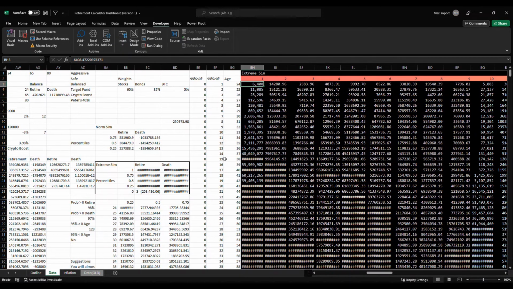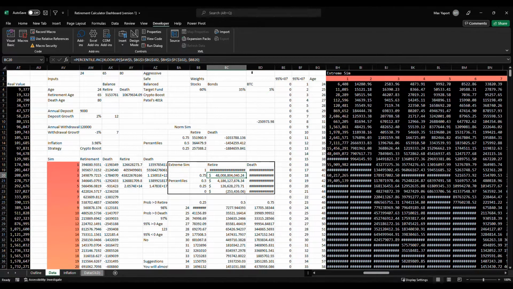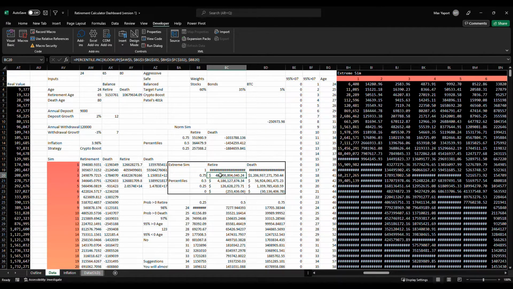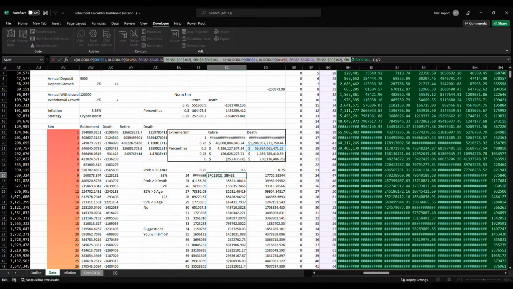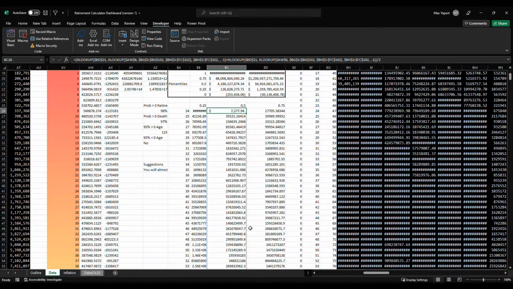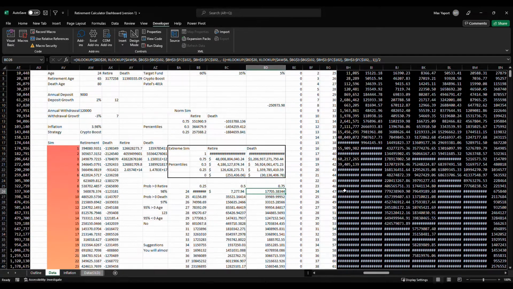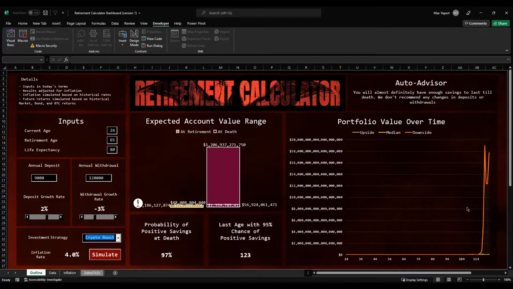And essentially, once that is done, it'll take the 50th percentile, 25th percentile, 75th percentile, and it'll do an XLOOKUP type thing here, and it'll find the final portfolio values for each of those columns, which are the inputs for this graph right here, which doesn't look very great right now because of the Crypto Boost.